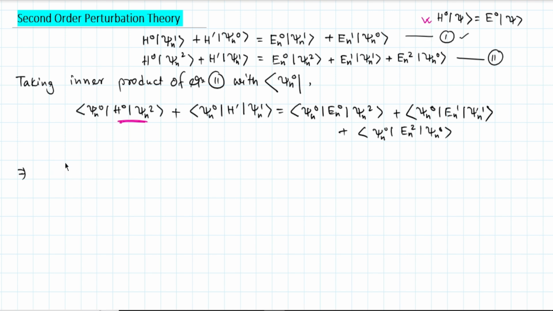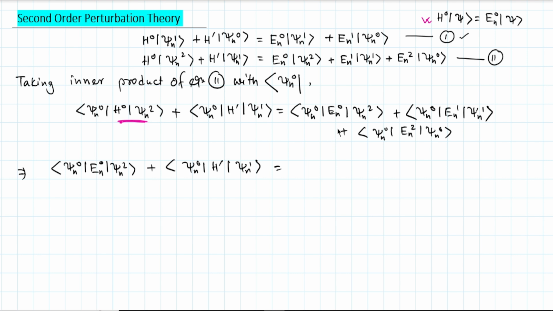So it becomes <psi n 0|E n 0|psi n 2>. So here it is also E n 0 psi n 2 plus the second term remains same because it is the perturbed Hamiltonian.